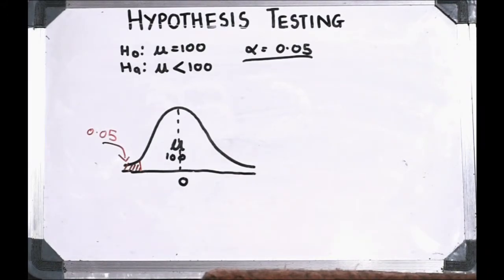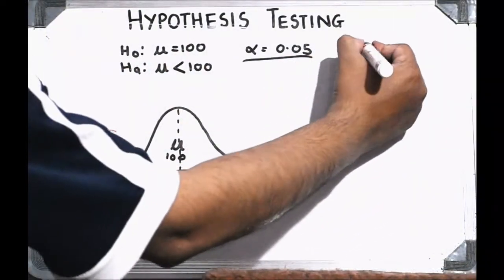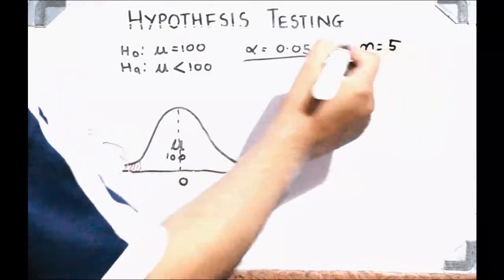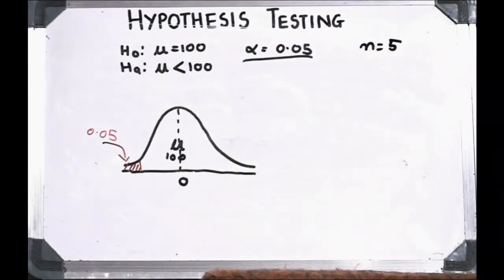Our criteria was that the population standard deviation has to be unknown and the sample size has to be less than 30. If both conditions are satisfied, then we can go with the t-test. So both conditions are satisfied here. The sample here is of 5 units. Okay, so we can go for the t-test.